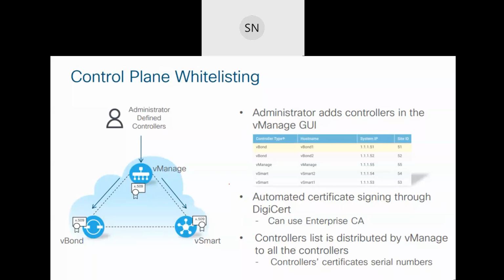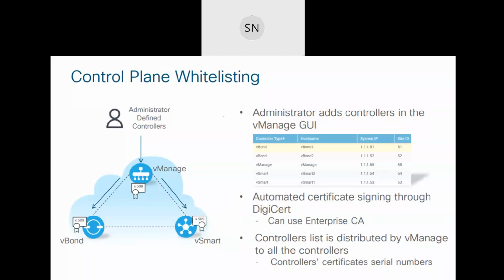Now this person tries to connect to the vBond. vBond first verifies the certificate. Of course, the device is a Cisco authorized device, purchased from Cisco itself, so it will have the certificate installed on it. That is fine. He also knows the organization name, so vBond sees that you are coming from our organization.